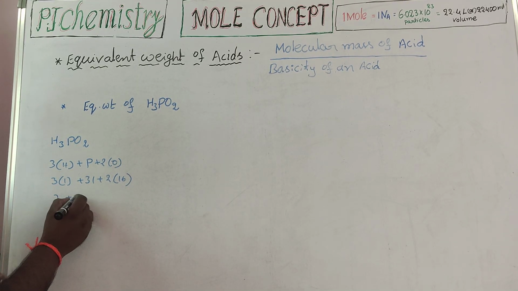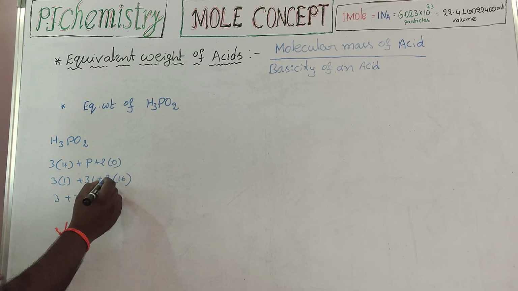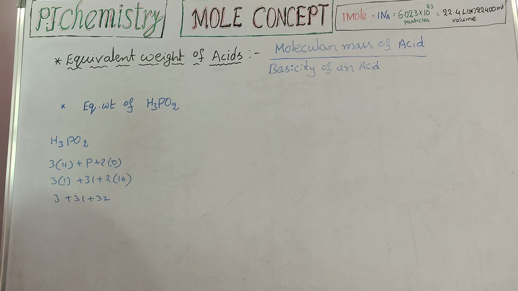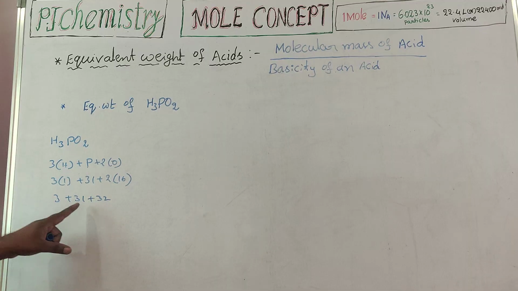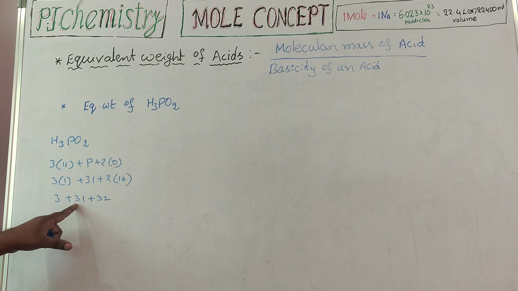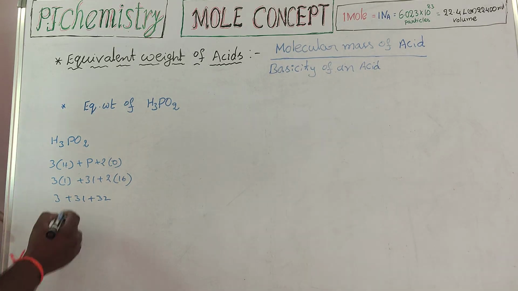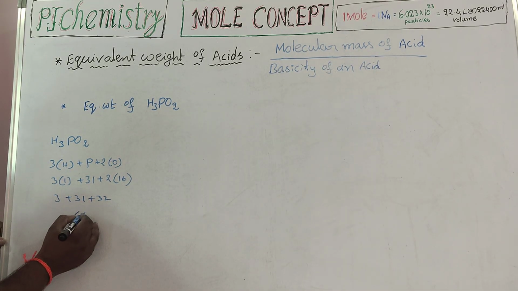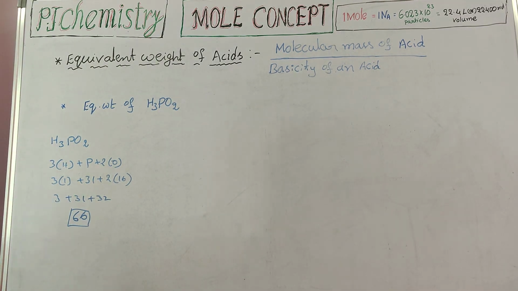Total 3 plus 31 plus 32: 31 plus 32 is 63, 63 plus 3 is 66. So the molecular mass of H3PO2 is 66.